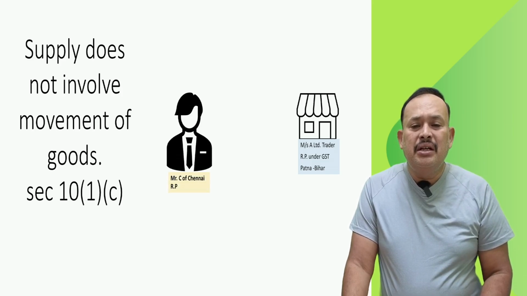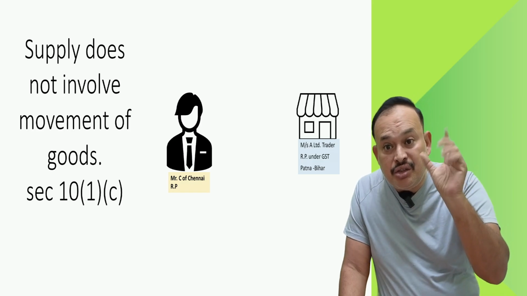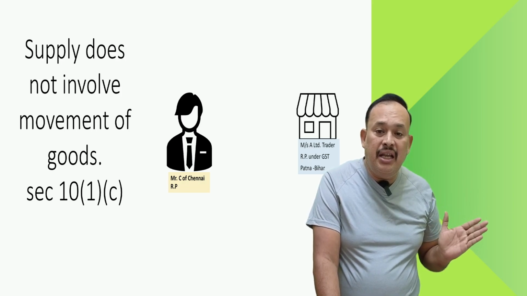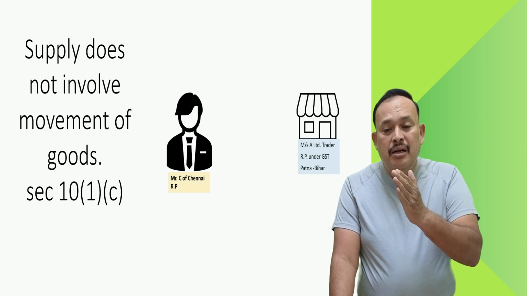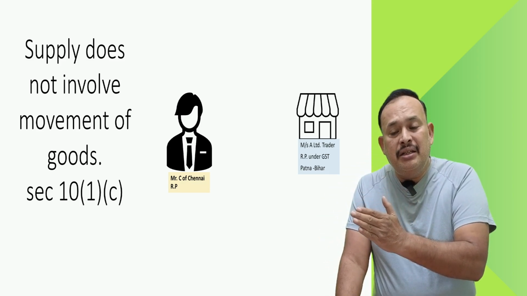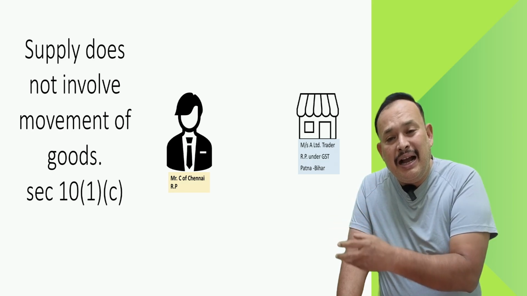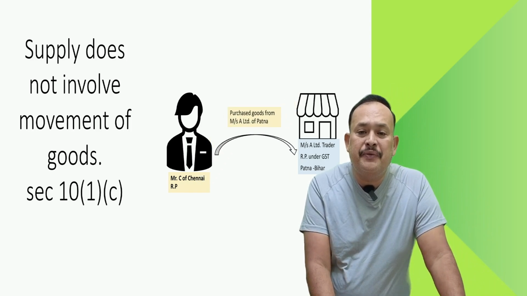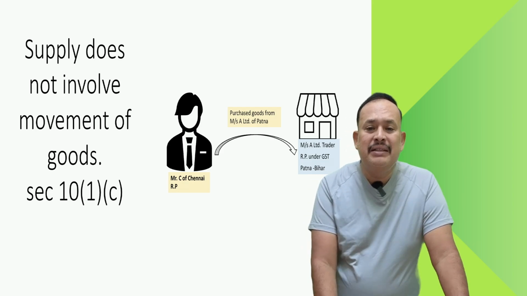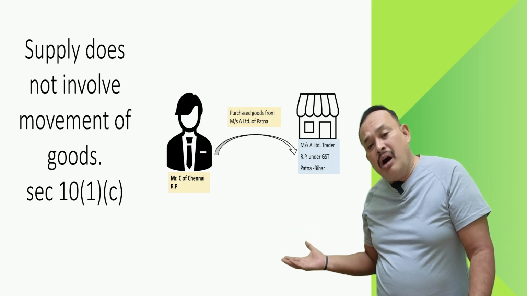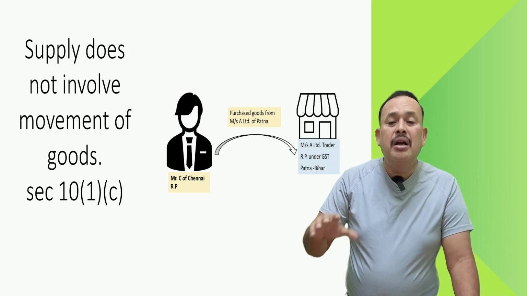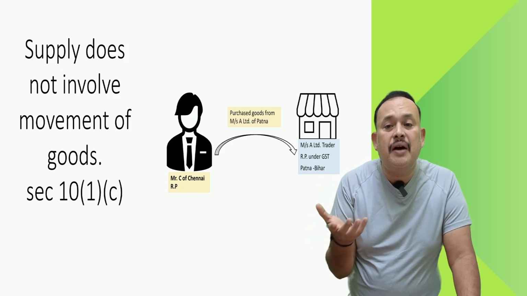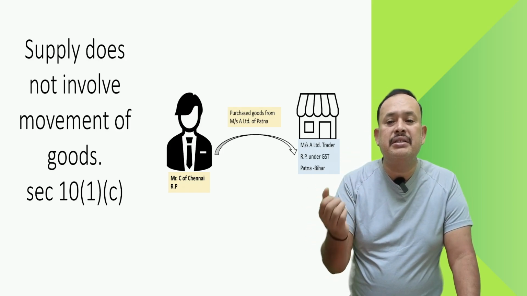One person, Mr. C of Chennai, also a registered person, came all the way from Chennai to Bihar, to A Limited's shop, and purchased goods from A Limited of Patna. In the shop of A Limited, Mr. C of Chennai, a registered person, purchased the goods.